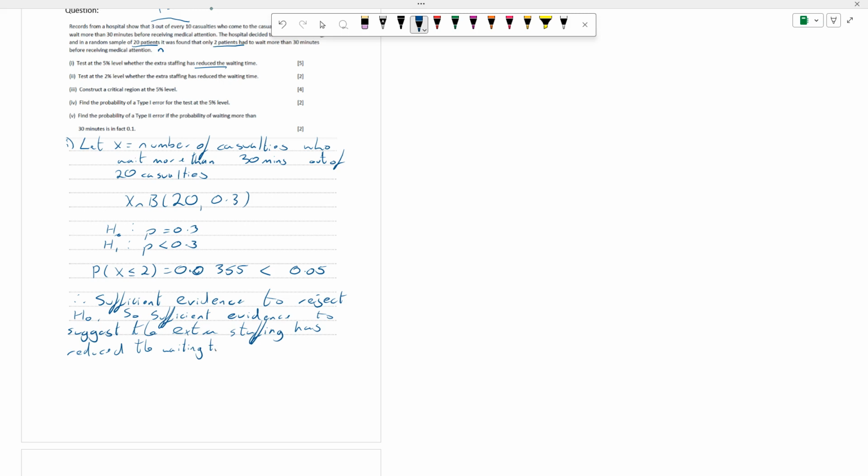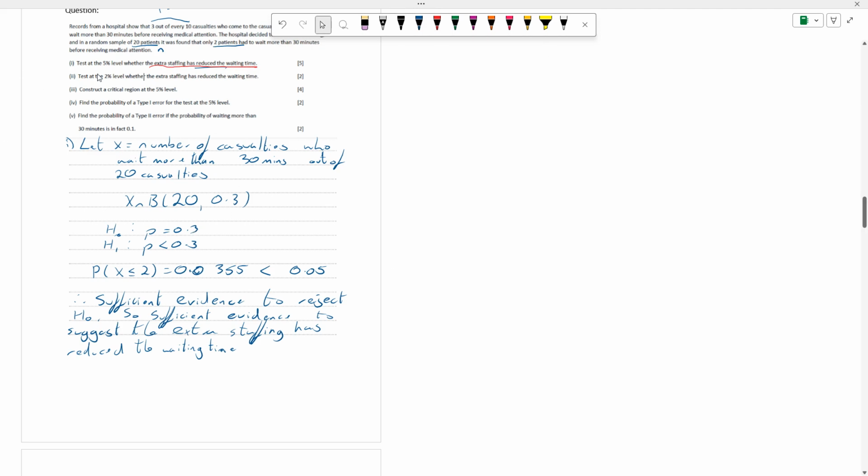Don't skip out on that last sentence, and I have again stolen it from the wording in the question. If you notice here, it says the extra staffing has reduced the waiting time. I've just stolen that bit, and I've just added my "sufficient evidence to suggest" at the beginning of it.